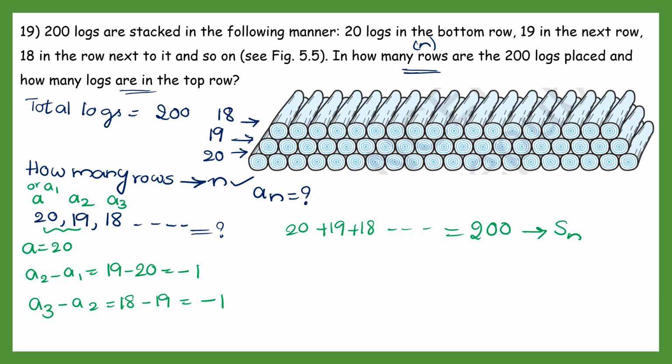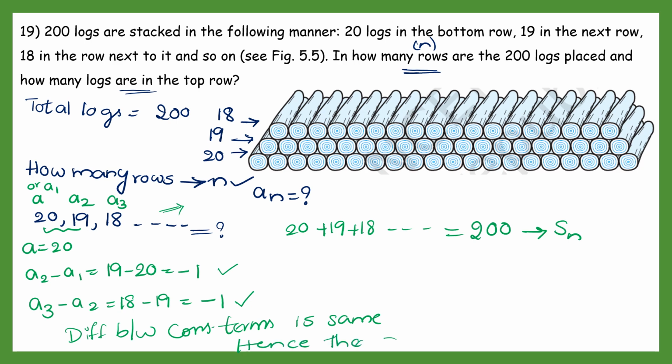The difference between consecutive terms is the same. a2 minus a1 is minus 1, a3 minus a2 is also minus 1. So you can tell that this is an arithmetic progression. Hence, the series is in arithmetic progression, so you can use a formula of arithmetic progression and solve the problem.